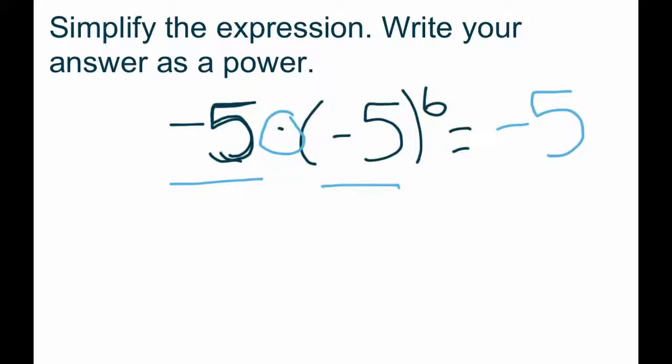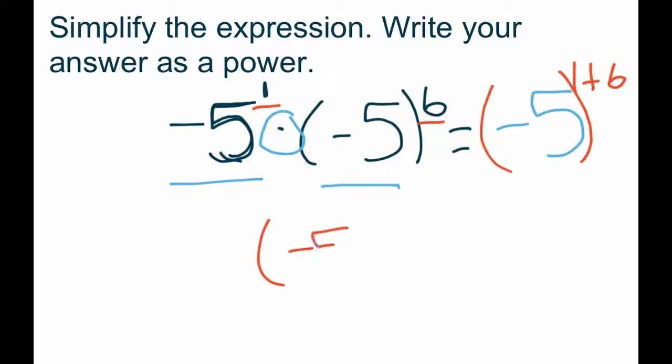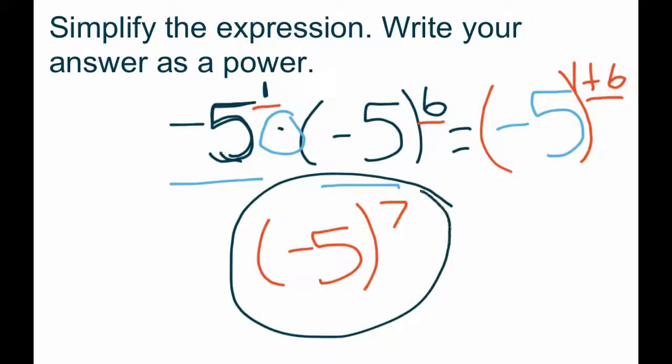So our first power, even though it's not written, would be a 1. So we would add 1 and 6 together. So 1 plus 6. This is the same as -5 raised to the 7th power, because 1 plus 6 is equal to 7. This would be our final answer.